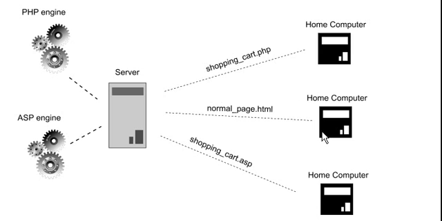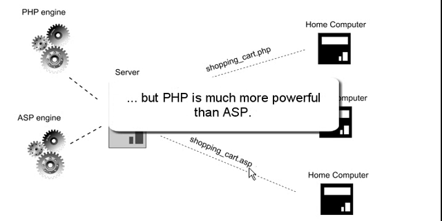At the same time, you have this other client computer requesting the normal.html page, and this one is requesting another type of page, an ASP page. ASP, by the way, and PHP are competing technologies that pretty much do the same thing, although ASP is kind of dated nowadays.